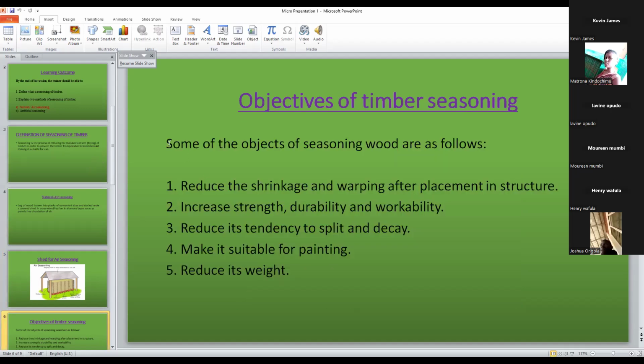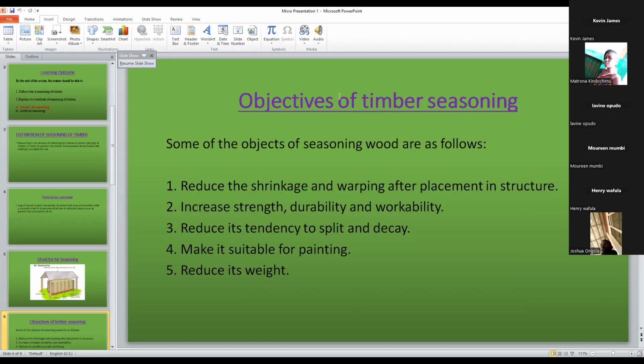I would like someone to take us through the objectives of timber seasoning, as I will be explaining them. Anybody take us through the objectives? Mr. Machio? Yes, sir. Yes, take us through the objectives.